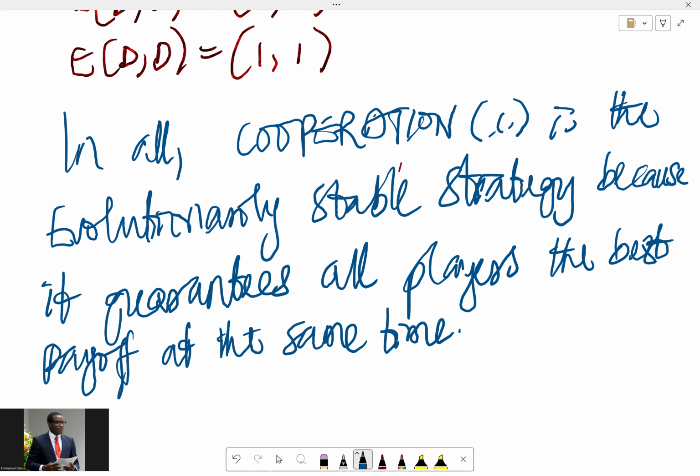Okay. So that's how that has been, talking about evolutionary game theory and evolutionarily stable strategy.